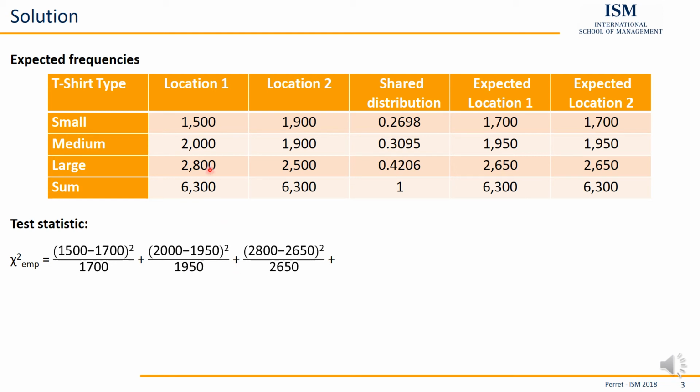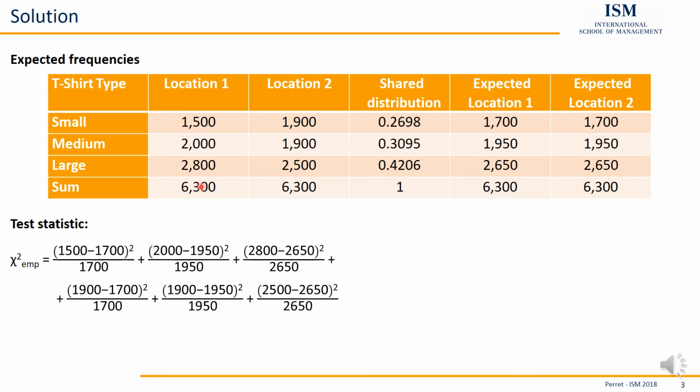the third one for large. Here we have 2,800, the actual value, minus 2,650, the expected value, in parentheses, squared, divided by the expected value, 2,650. That was the 3 values for location 1.